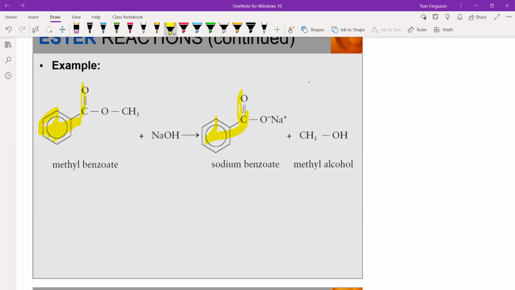Acid, acid. Alcohol, alcohol. So methyl means we started with methanol.